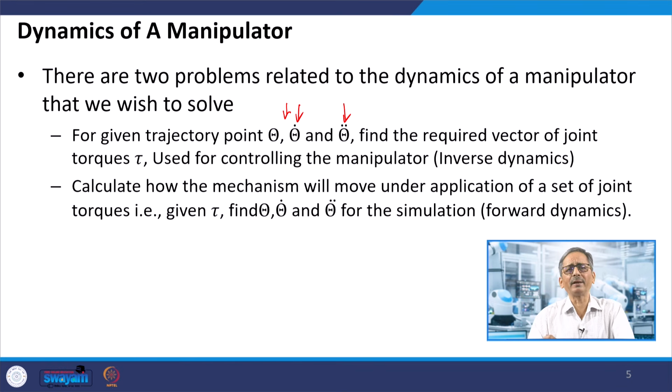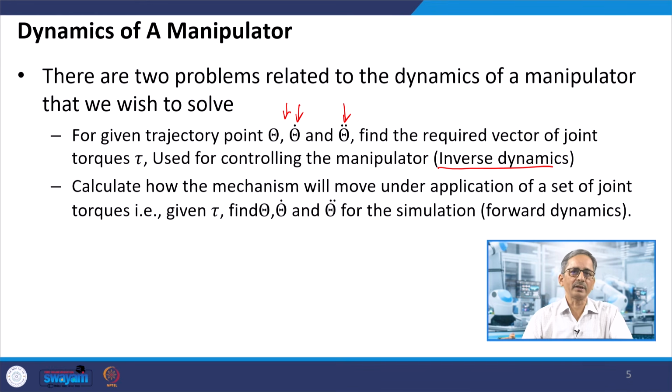If I am given these values and asked to find out what my joint torques are going to be, this is one problem, and we use it for controlling a manipulator. This problem is also called the inverse dynamics problem. That is, for the given joint position, velocity and acceleration, our intention is to calculate the joint torque.